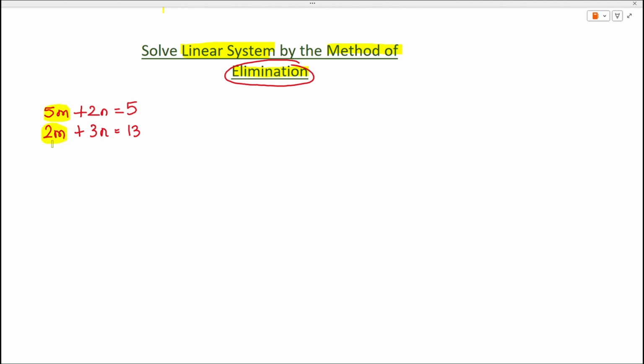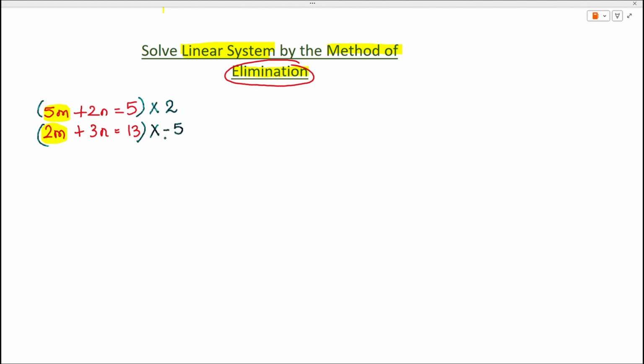For eliminating m, what we have to do is make its coefficient the same. So here the coefficient is 5 and here the coefficient is 2. So we can make the coefficient for both of them 10, and in order to do that, we'll multiply this whole equation by 2, and this whole equation can be multiplied by negative 5.